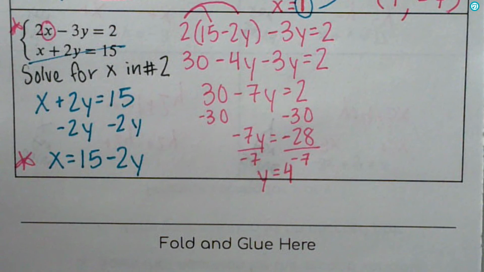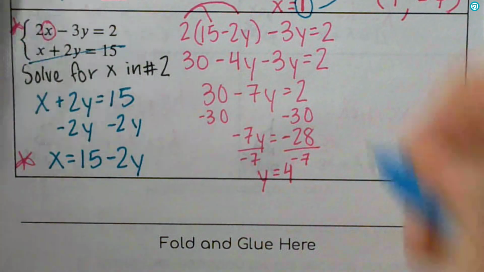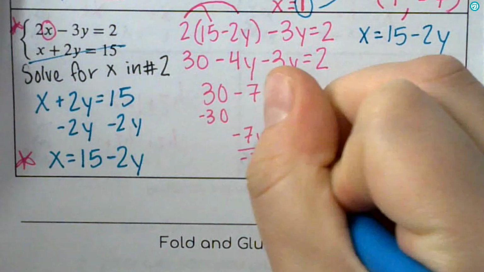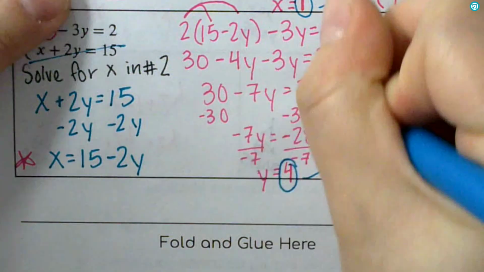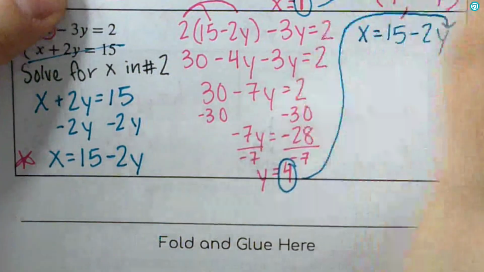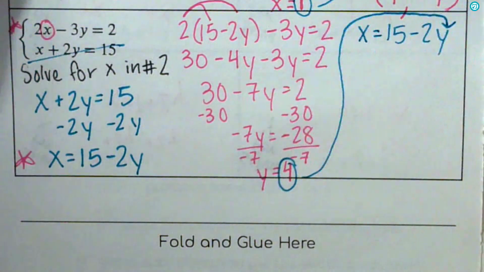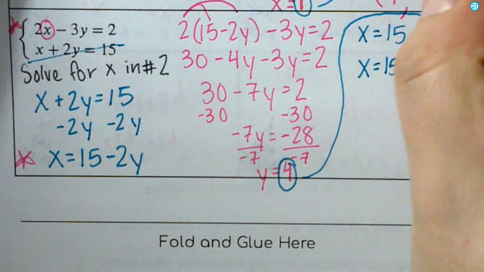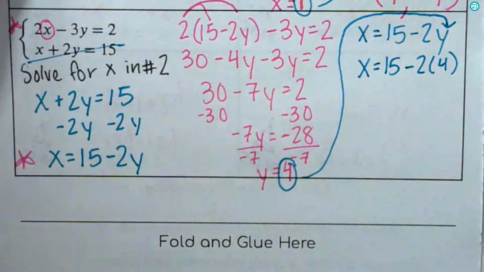Okay, we're going to take our other equation then, the x equals equation, because what we still need to solve for is x. So I've got x equals 15 minus 2y. I can take that 4, plug it in for y, because I now know that y equals 4. So I will have x equals 15 minus 2 times 4. Two times 4 is 8.